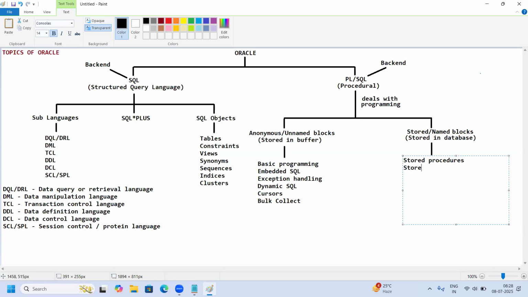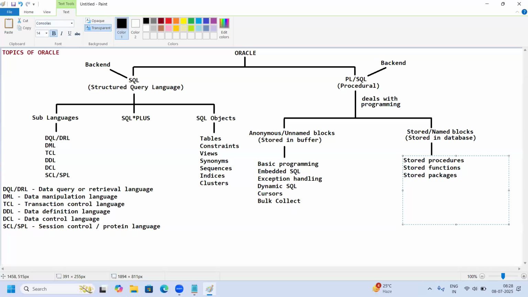Then we have stored functions. This is one more part we have. Stored procedures, and second, stored functions. And a combination of procedures and functions together we call stored packages.